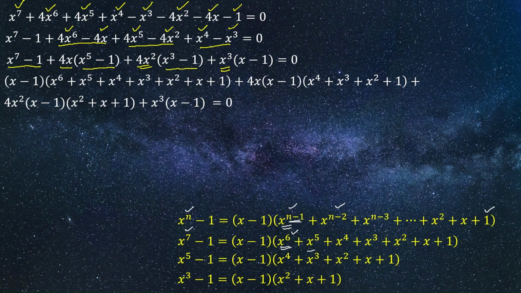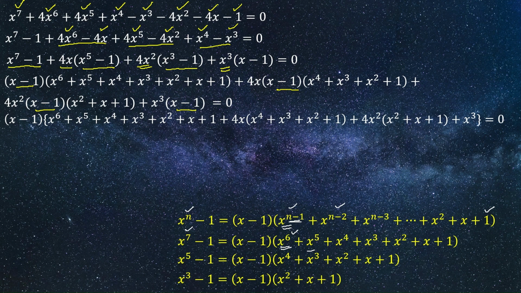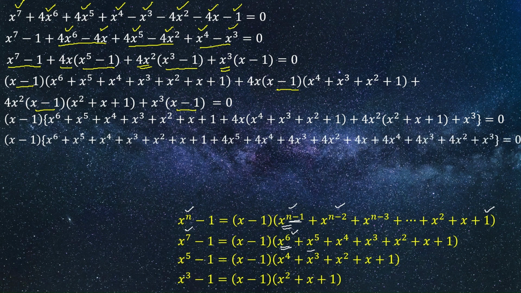Now we shall take common x - 1 from all terms of the left hand side. After taking x - 1, we are left with these two factors. Now we further simplify and write it as (x - 1) into this whole term.